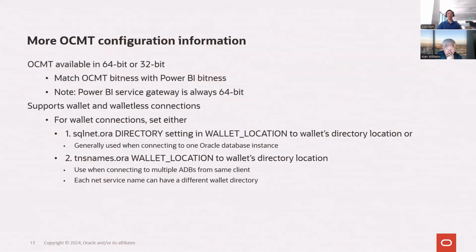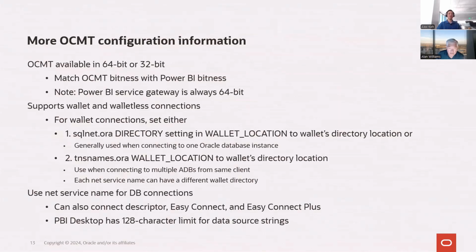Now, if you have multiple databases and they each have their own wallet, you can use the tnsnames.ora to set the wallet_location, so that each net service name will have its own wallet to refer to, rather than the generic one in sqlnet.ora. So that's a tip for you if you have multiple wallets.